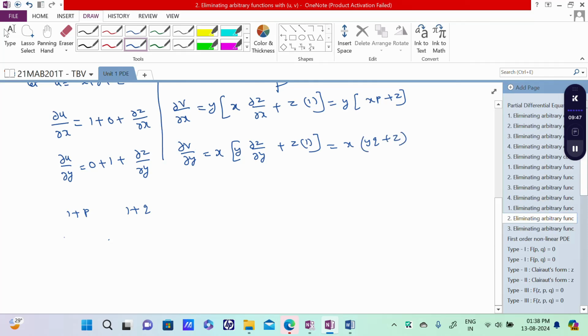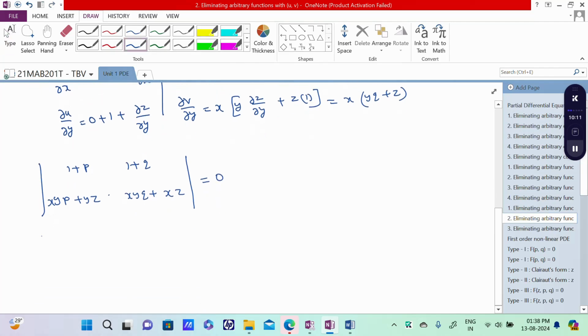Now when I multiply this, it gives xyp plus yz, then xyq plus xz, and I take this equation equal to 0. Now the cross multiplication of the determinant: 1 plus p times xyq plus xz, minus 1 plus q times xyp plus yz, equal to 0.